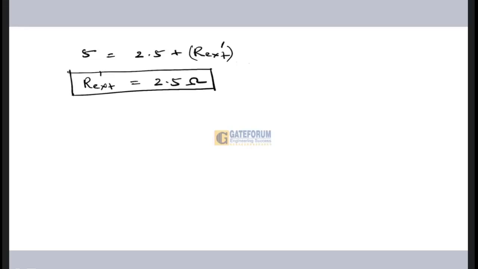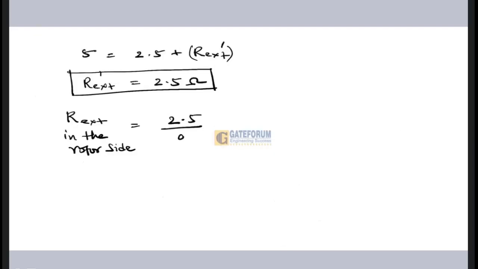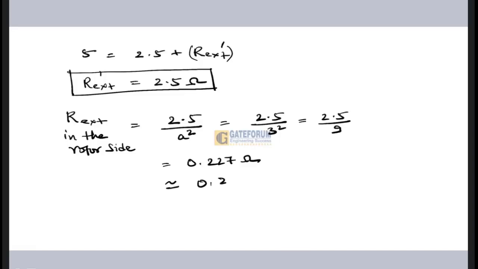Okay, but this is not the correct answer, because in the question they have asked for R external on the rotor side. So now I have to divide by the turns ratio squared, and the turns ratio was 3. So 2.5 by A square, 2.5 by 3 square, so 2.5 by 9, and that comes to 0.277 ohm.